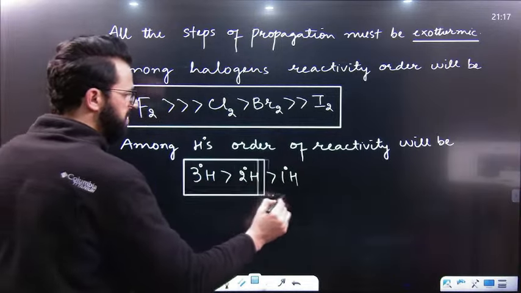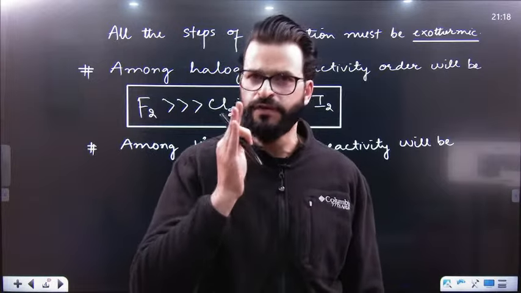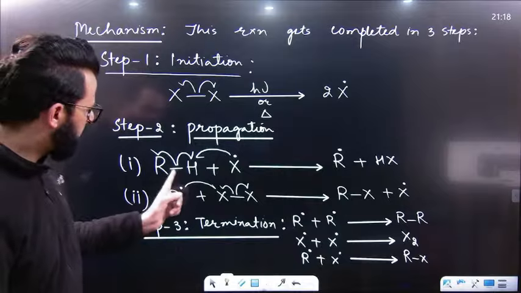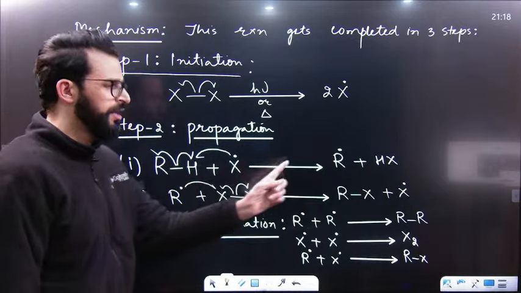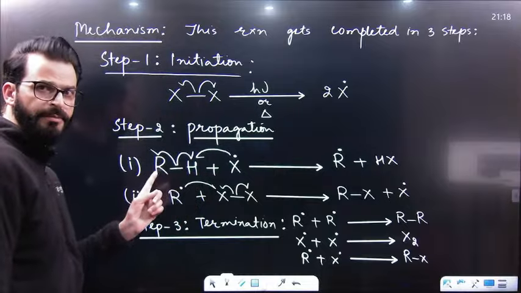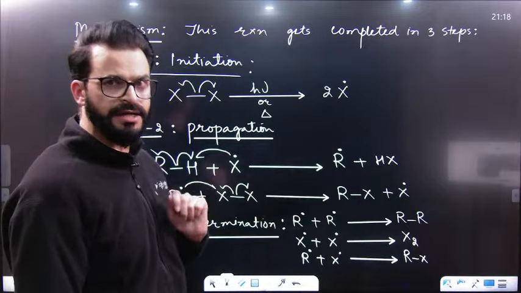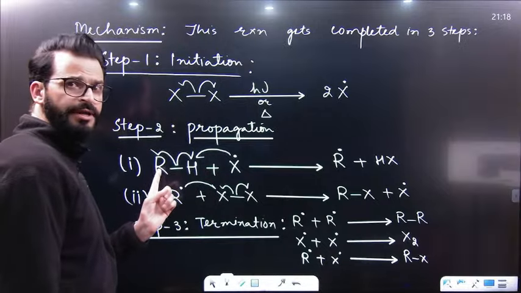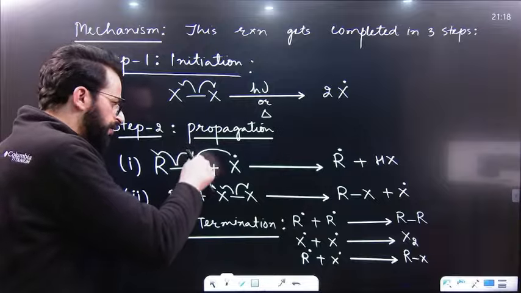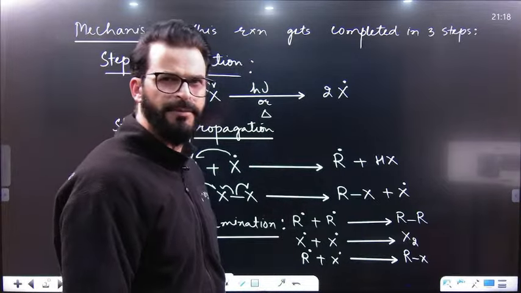This order is basically based on the stability of the carbon free radical formed when the carbon-hydrogen bond is broken. Have a look. Whenever a carbon-hydrogen bond is broken, it results in the formation of a carbon free radical. So if this is a tertiary carbon to which a tertiary hydrogen is attached, then it can form a tertiary radical. A secondary hydrogen is attached to a secondary carbon, and if it is removed, it results in the formation of a secondary carbon free radical.